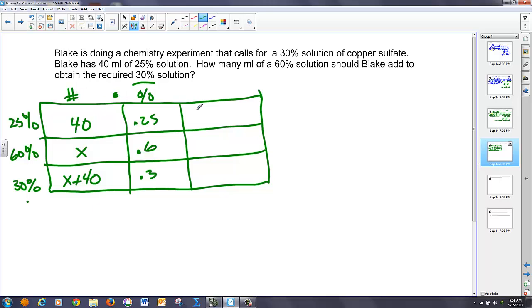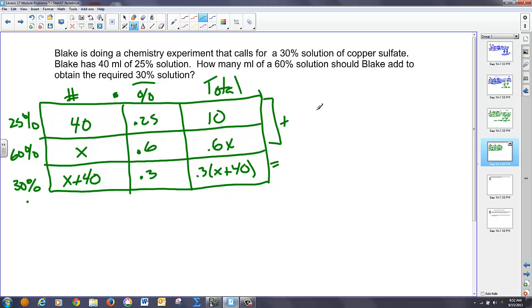We multiply across to get our total, and we multiply 40 times 0.25, that's going to be 10. 0.6 times x is 0.6x, and then I have 0.3 times x plus 40. And now once again, I dump these two quantities together to equal this last quantity.